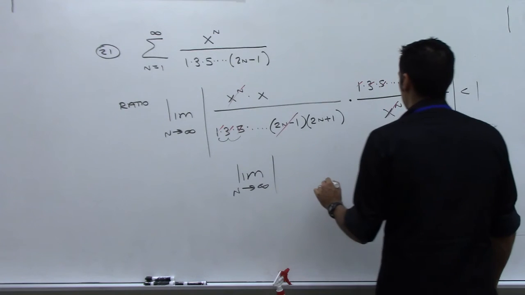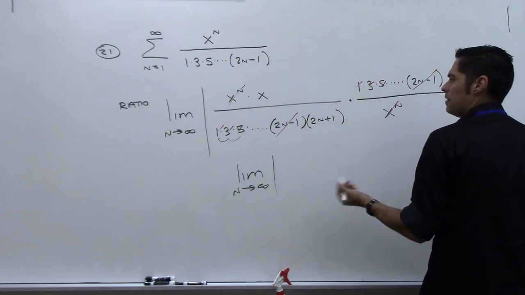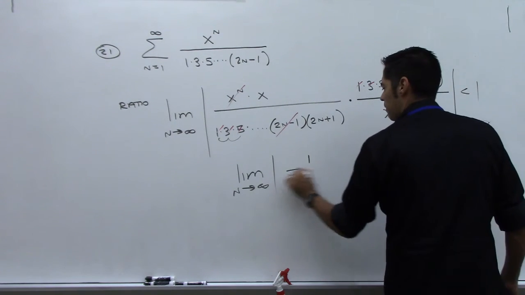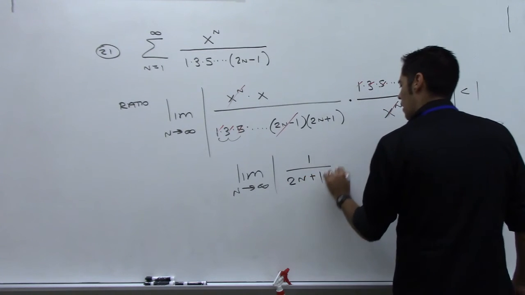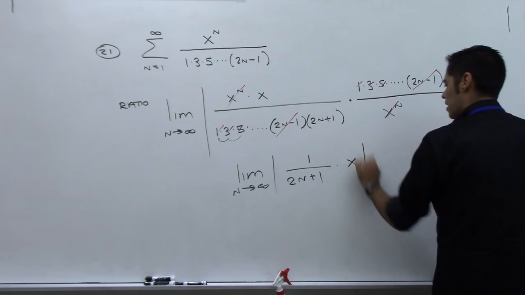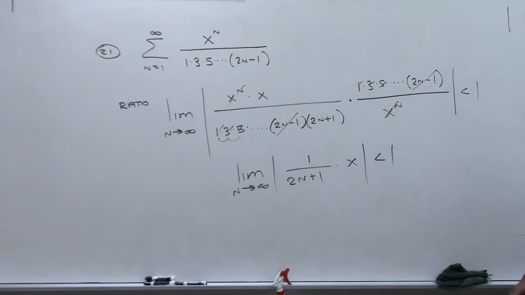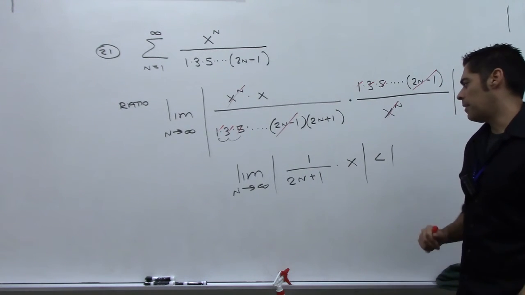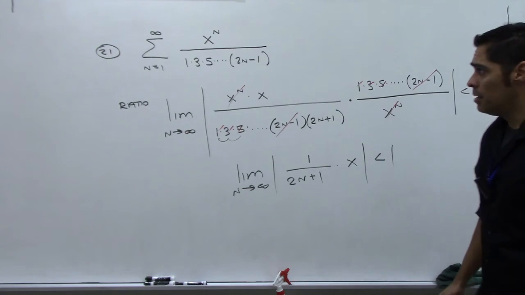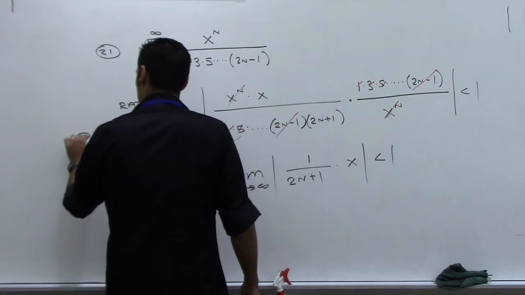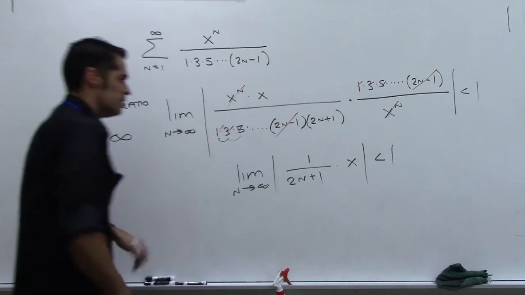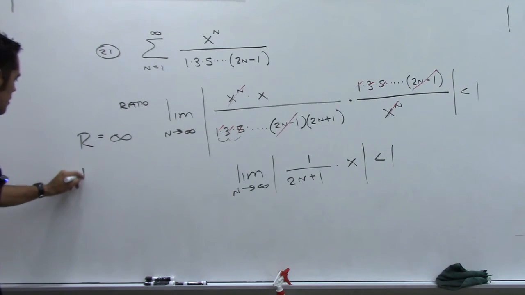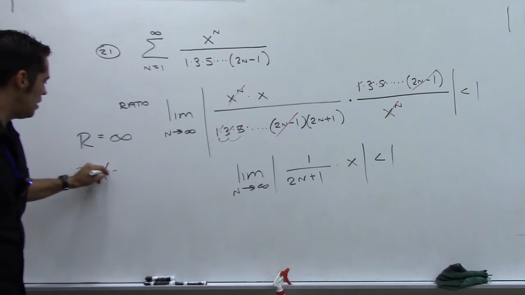The only thing left with n is this one on the bottom, and then the x. Oh, awesome. As n goes to infinity, this goes to 0. So no matter what I pick for x, that's going to be less than 1. This is one of those problems where your radius of convergence is everything, because it doesn't matter what x is, and your interval of convergence is the entire number line.